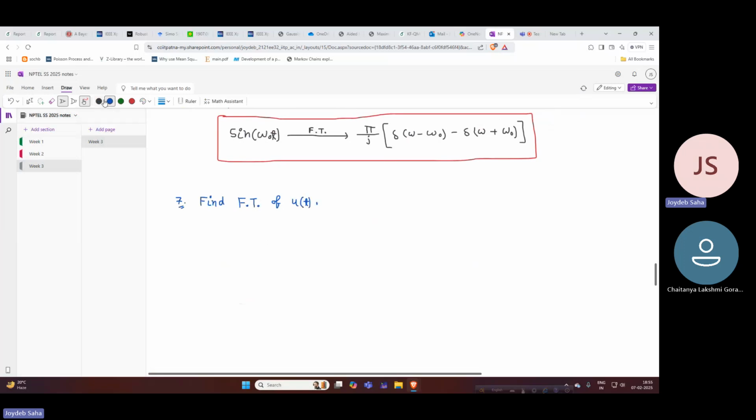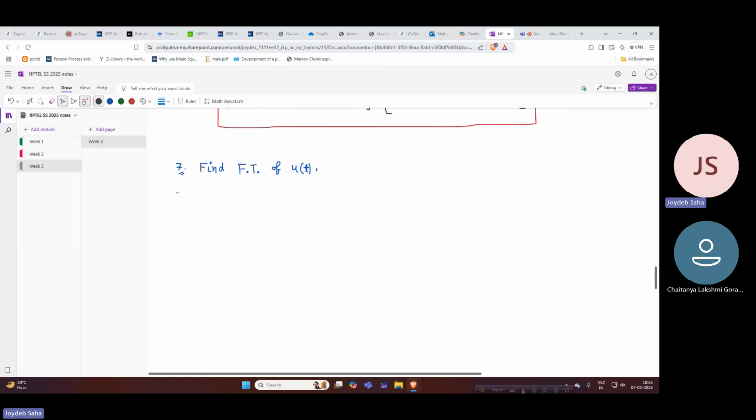To solve this, we will use another property of the Fourier transform, that is the integration property.